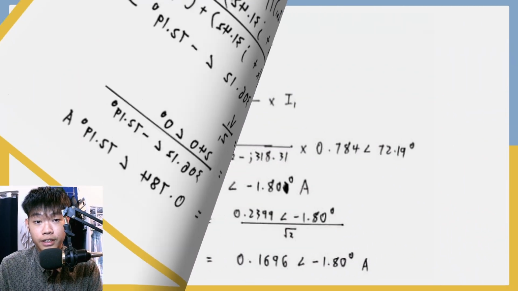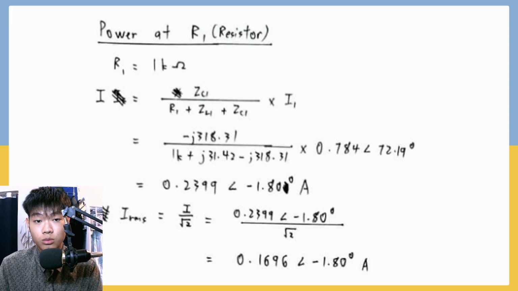Now we will find the power at resistor R1. R1 has a resistance of 1k ohm. Using the current divider rule, the current flowing through R1 is 0.2399 ampere with a phase angle of negative 1.8 degree. Now we find the IRMS, which is equal to I peak divided by root 2, and the value is 0.1696 ampere with a phase angle of negative 1.8 degree.